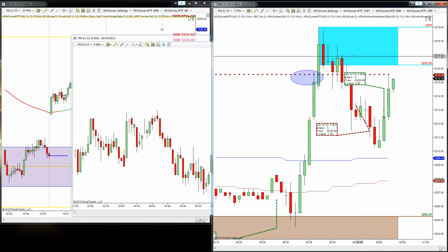I'm just looking at playing the range first and foremost, you know, scalping target, and then play this range up here.